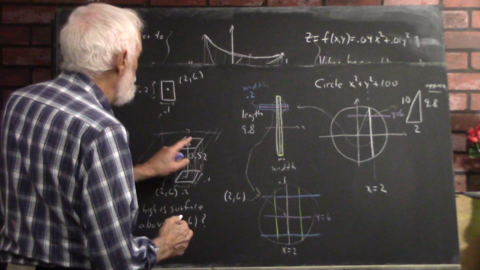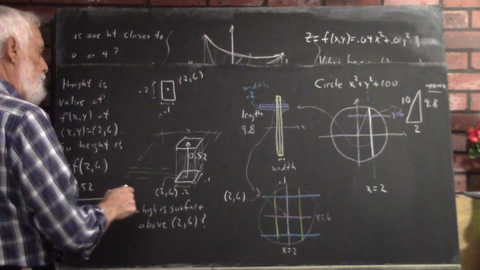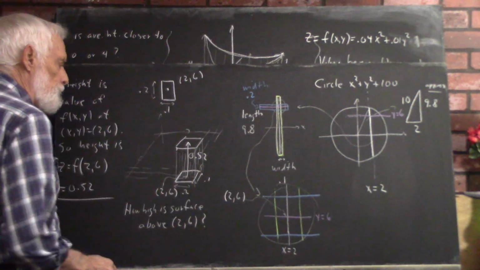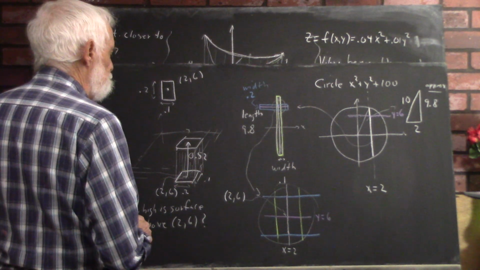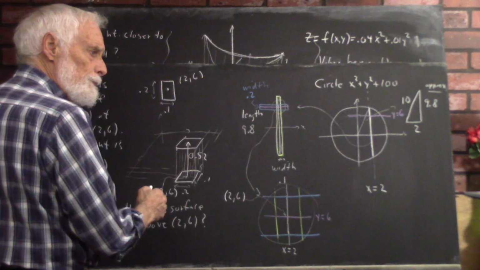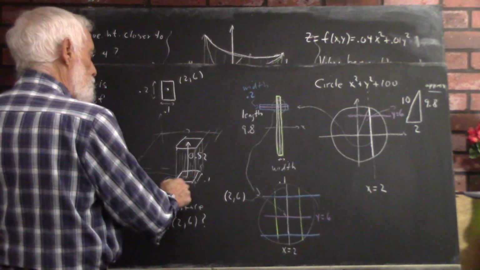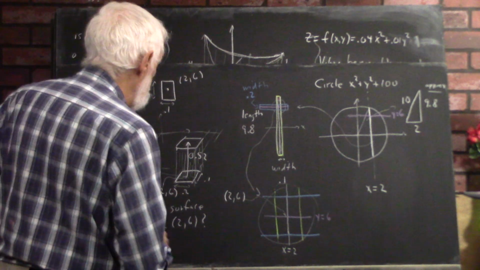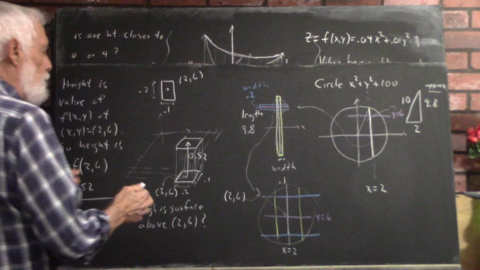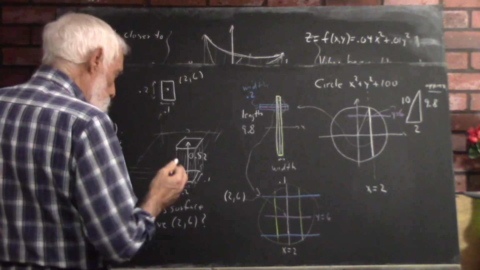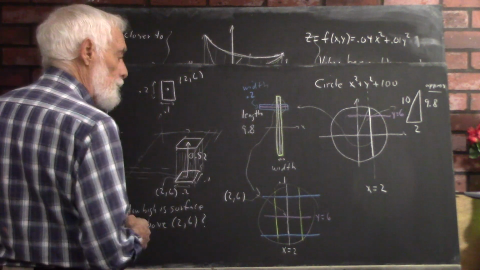We'd have a slope here and a slope here. But the dimensions of this rectangular solid, this approximation of our polytope for this region, would give you a volume that's pretty close to the volume of the surface above this little rectangle.